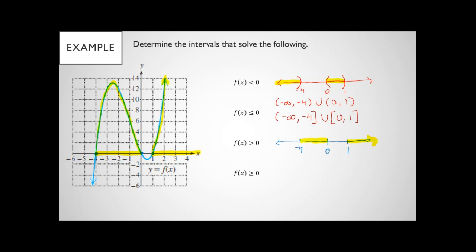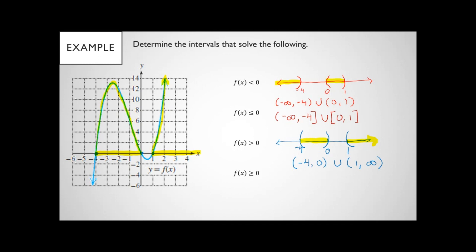And because it's greater than 0, we're not including our zeros, so we use parentheses. So when I convert this into an actual answer, I've got 2 sections. I've got -4 to 0, and then also from 1 to infinity.